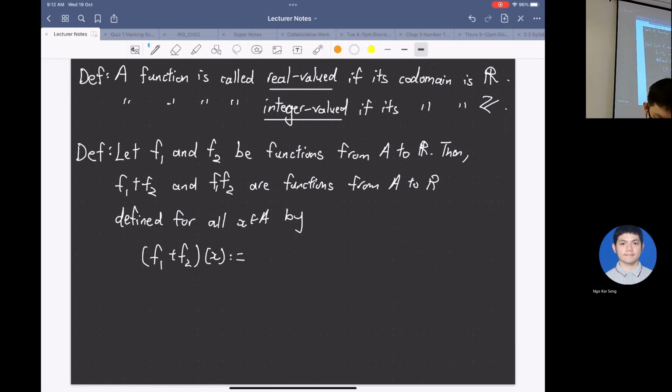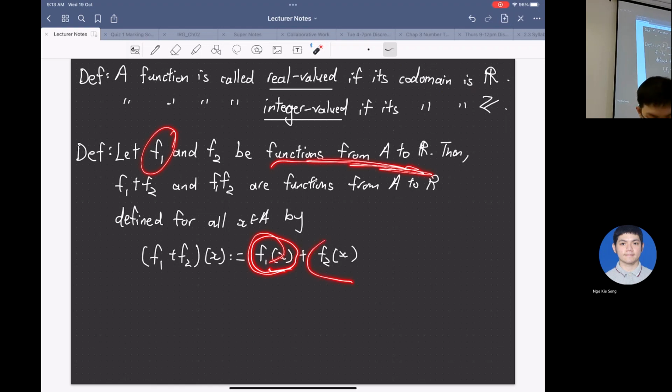So we define them as a pointwise addition. This means I can compute f1(x) because f1 is a function, and f2(x) because f2 is a function. After I put this input in, I get a real number, so I can add the real numbers together.